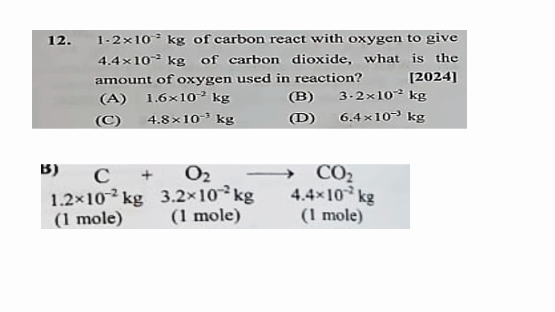When we subtract 1.2 into 10 raised to minus 2 from 4.4 into 10 raised to minus 2, we will get the value of oxygen, that is 3.2 into 10 raised to minus 2. For this question option number B is the correct option.